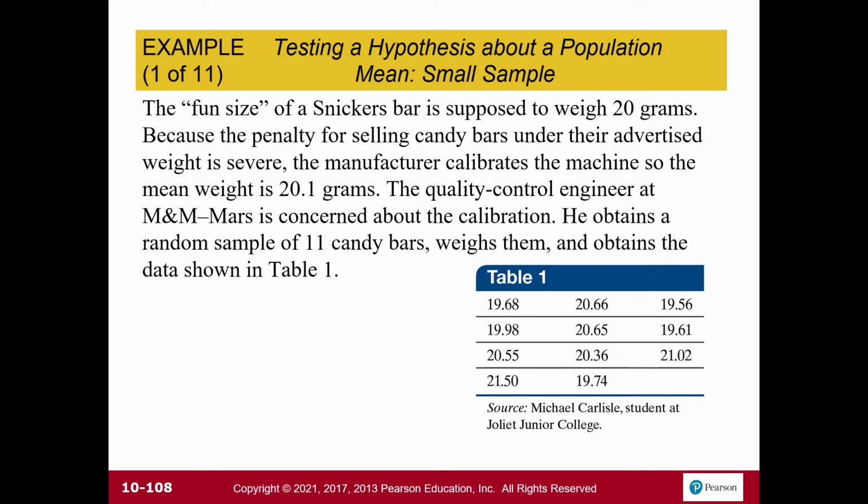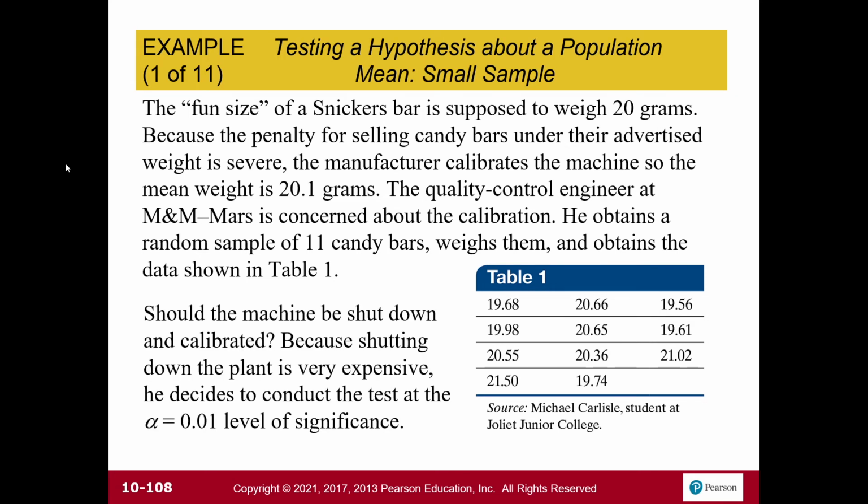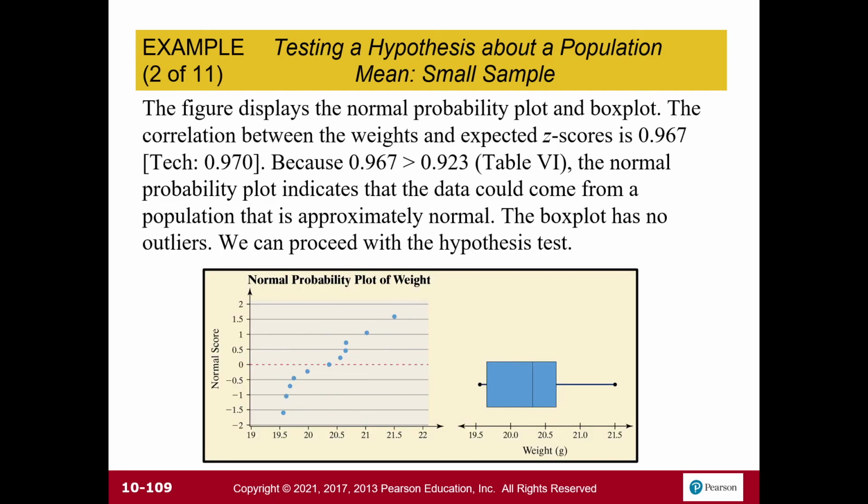He obtains a random sample of 11 candy bars, weighs them, and obtains the data shown in Table 1. Should the machine be shut down and calibrated? Because shutting down the plant is very expensive, he decides to conduct the test at the 0.01 level of significance.